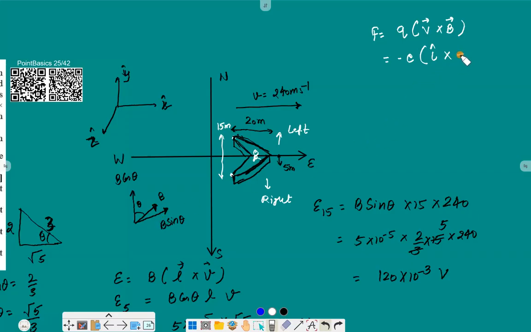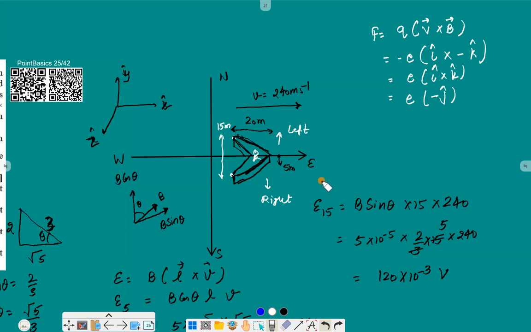So negative z direction means minus k. So it will be e into i cross k, and we know that i cross k is minus j. So force on electron will be in the negative j direction, or in the downward direction here.